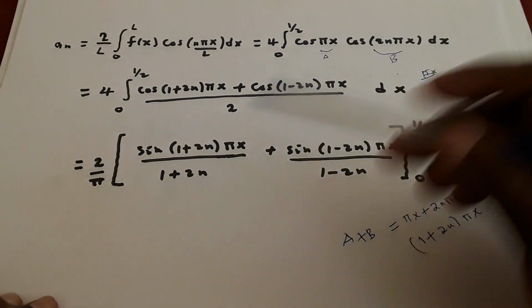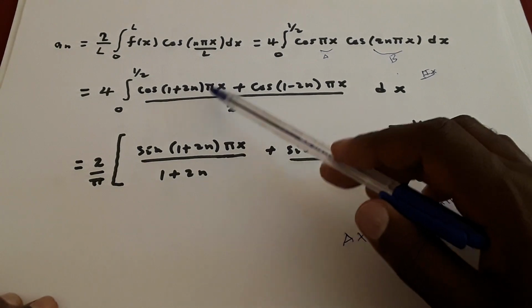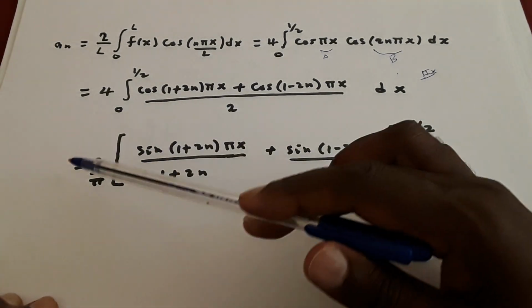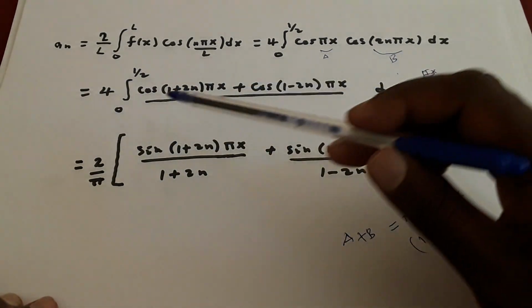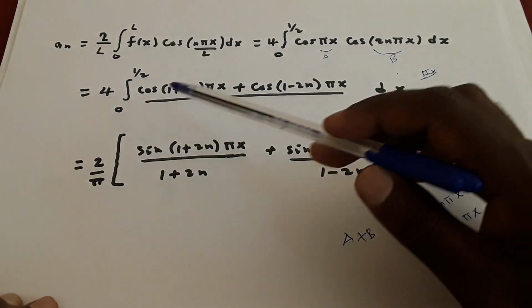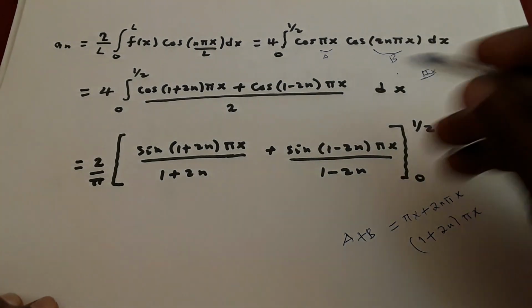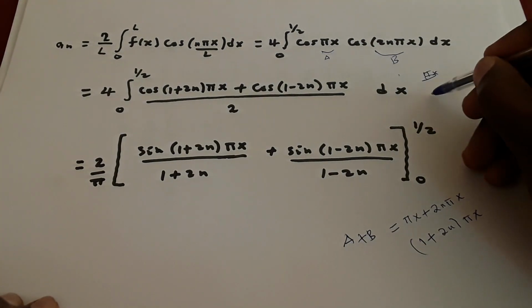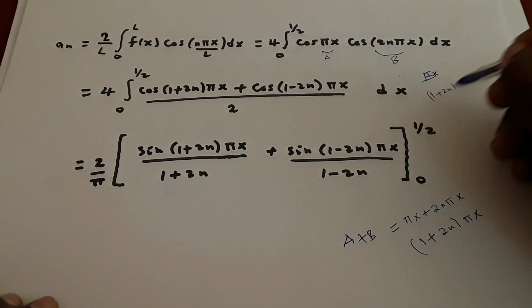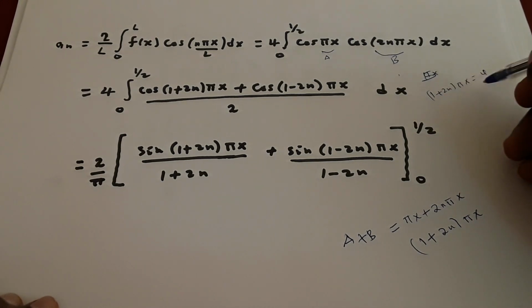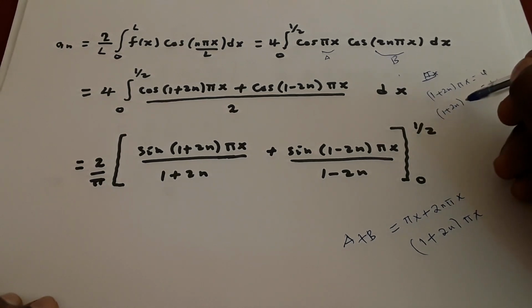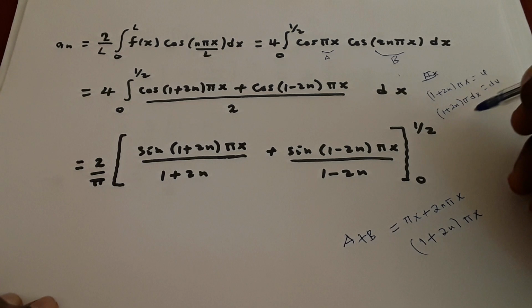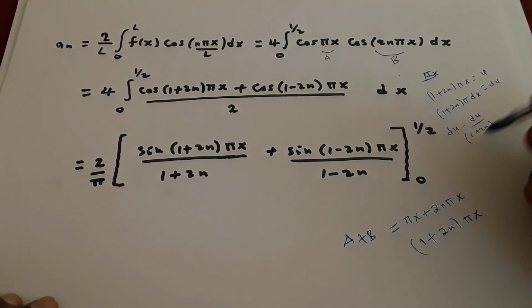Now we apply termwise integration. Cosine of 1 plus 2n pi x over 2; the 2 can be moved out. Now we look at the integration of cosine of 1 plus 2n pi x. Letting 1 plus 2n pi x equal u, du is 1 plus 2n pi dx, so dx is du over 1 plus 2n, then pi.